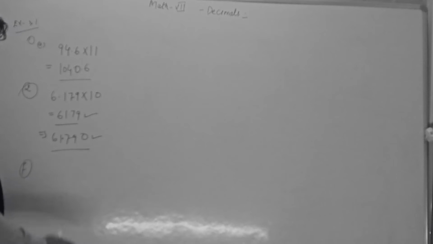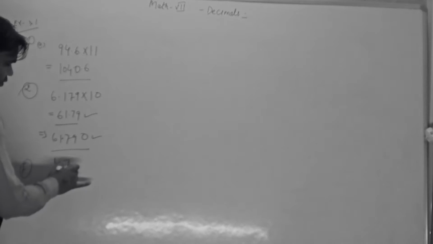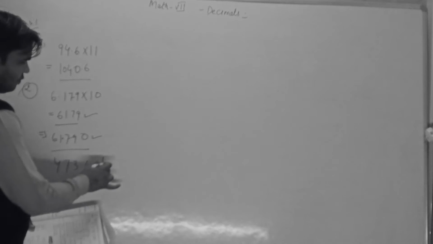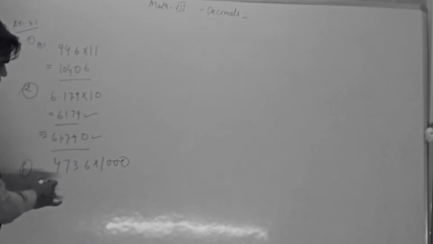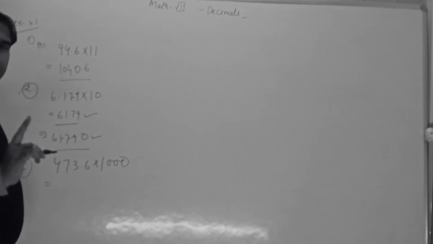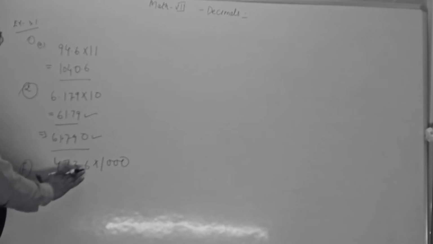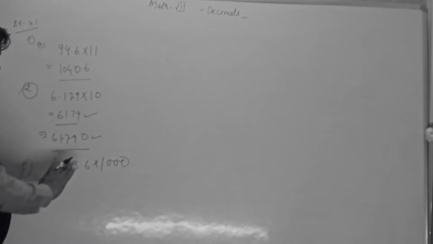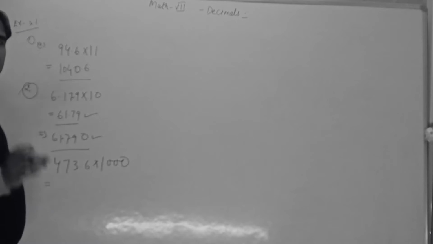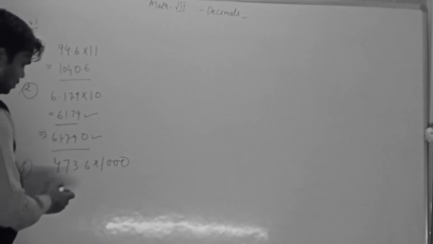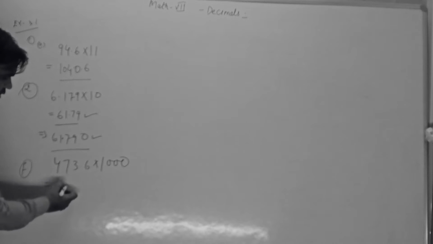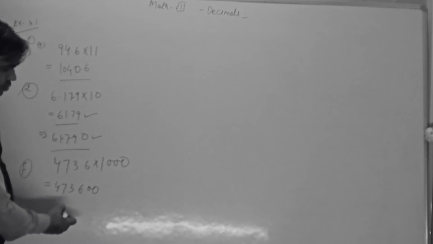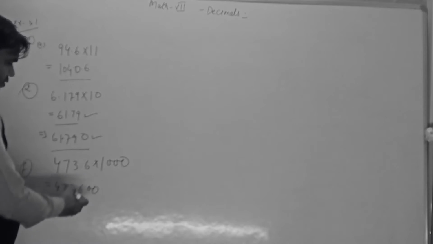So 473.6 multiplied by 1000. So I have told you students, in multiplication, mark the decimal. So when you get no number here, you can put 0. So we can write this 473,600 here.